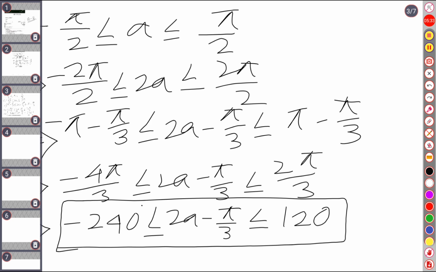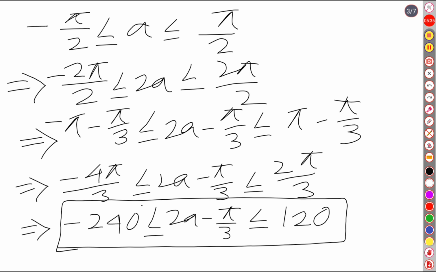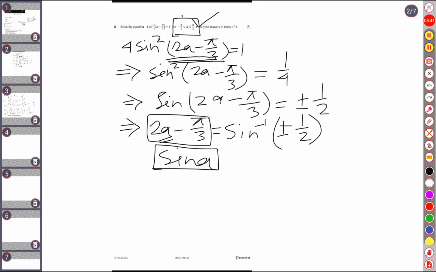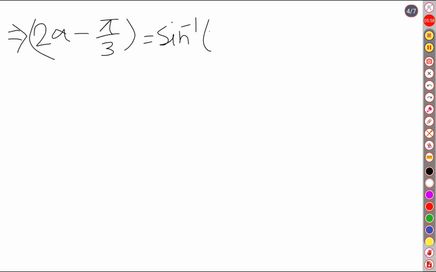So our solution was what? Not this one, this. Okay, so let us write on a new page. So it is about twice alpha minus pi over 3 equal to sine inverse of positive and negative half.